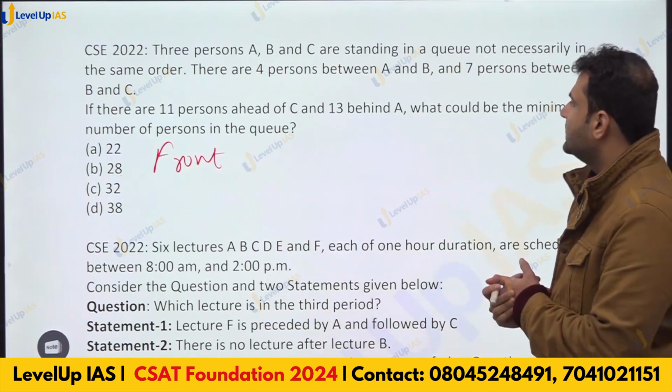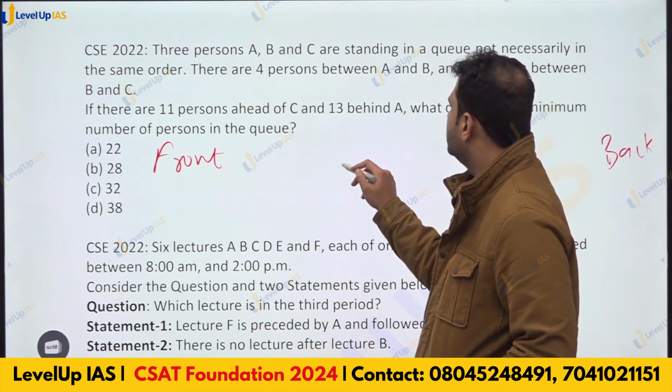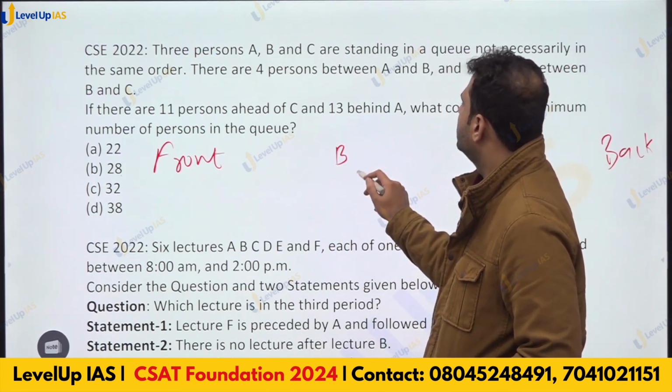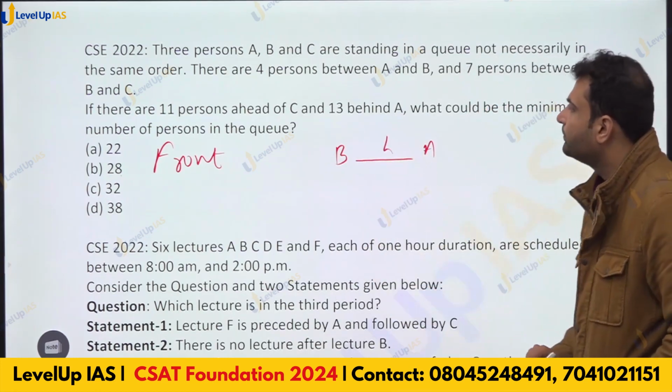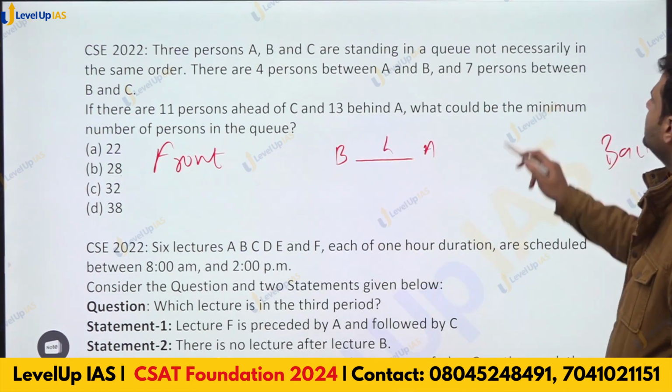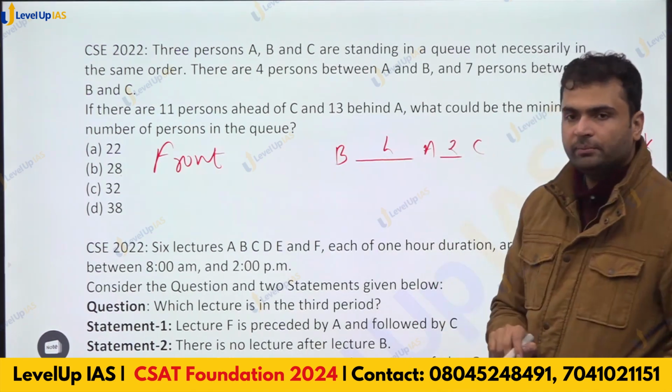Next case: let us take B here, A here. So there are 4 persons in between them. Then between B and C we have 7 persons, 4, 5, 6, 7, and C is here.